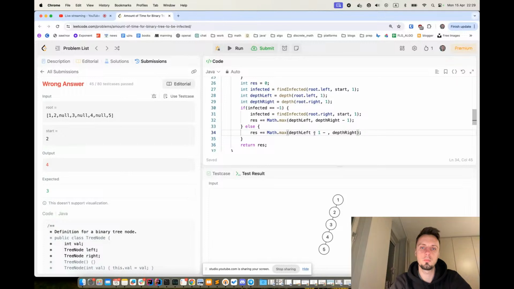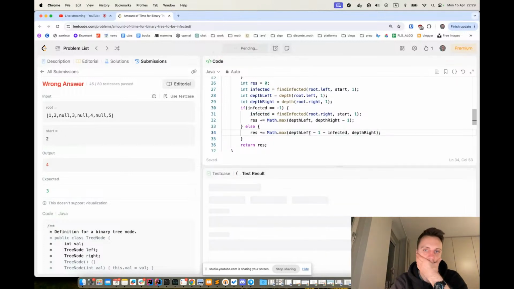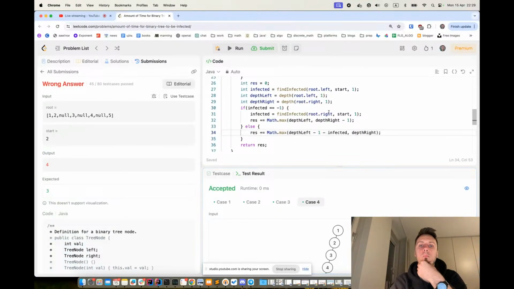It should also be minus infected, I believe. And here as well.